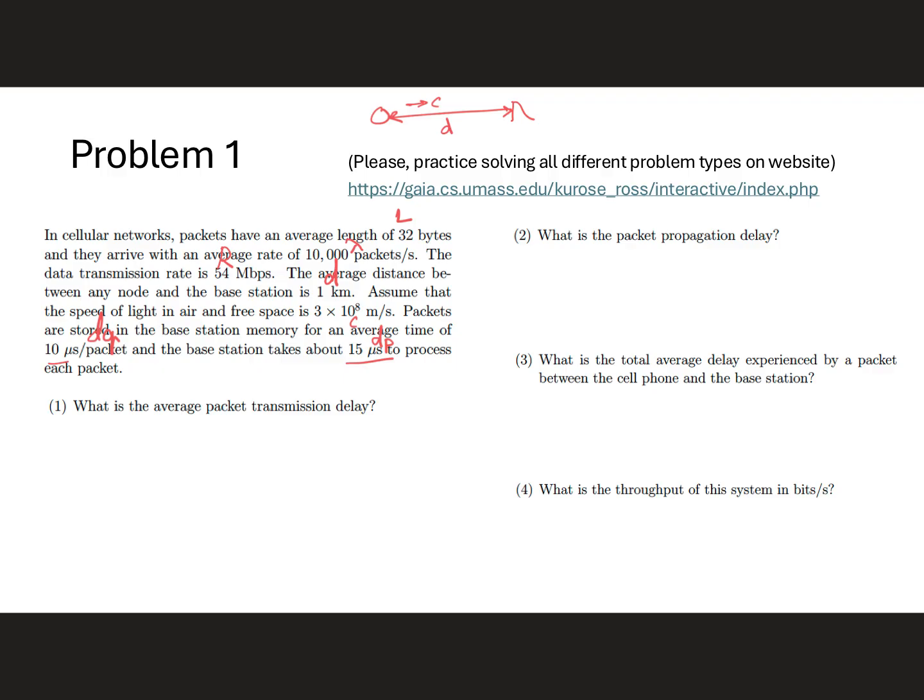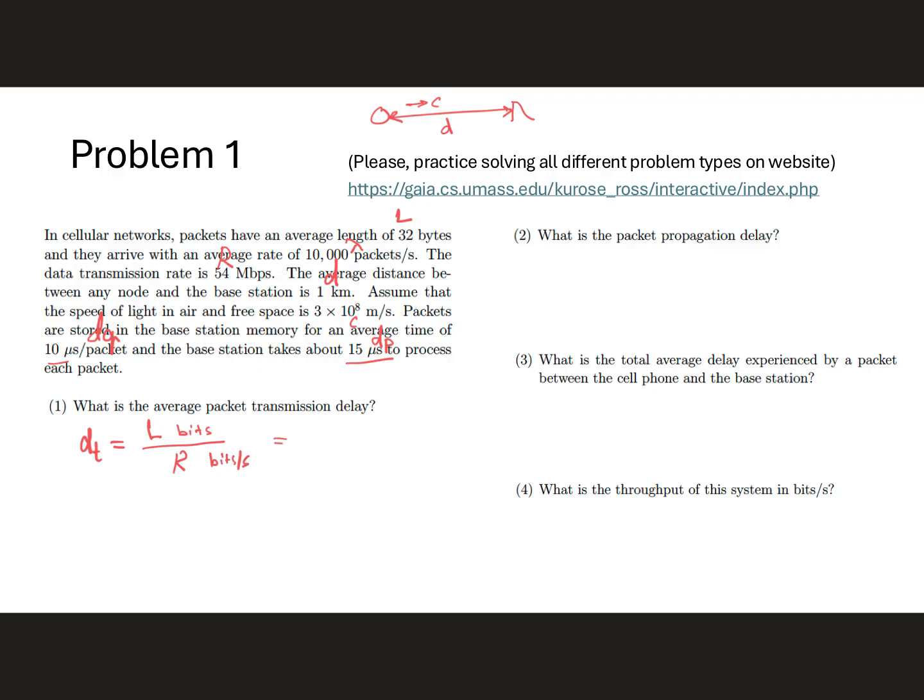What's the average packet transmission delay? So D transmission is defined as the packet length in bits, so L in bits, divided by R in bits per second, okay?